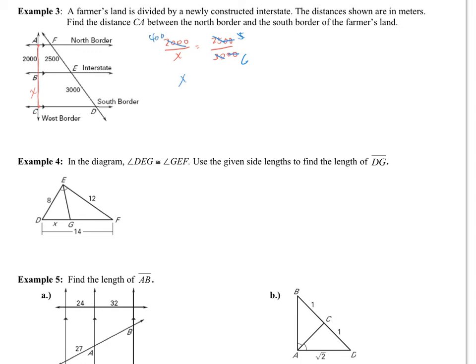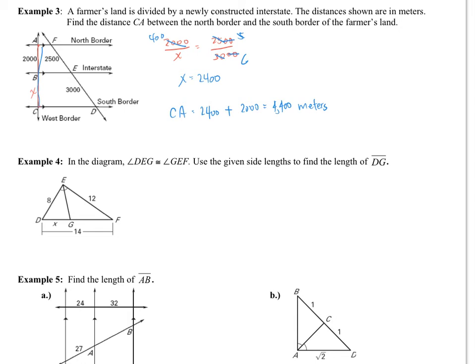So x equals 2400. And I need to take 2400 because I need to find the length of CA, and add it to 2000, which makes 4,400 meters.